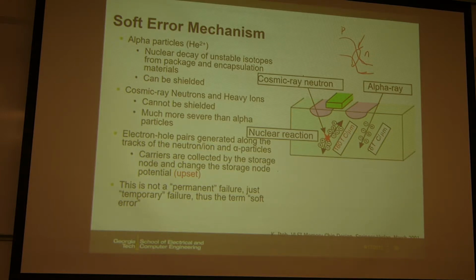Then it will generate electron and hole pairs. Basically you kick the electron from the valence band to the conduction band, creating an electron and leaving a hole in the valence band.